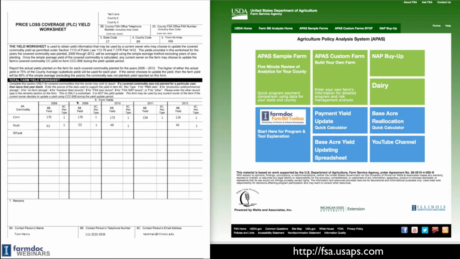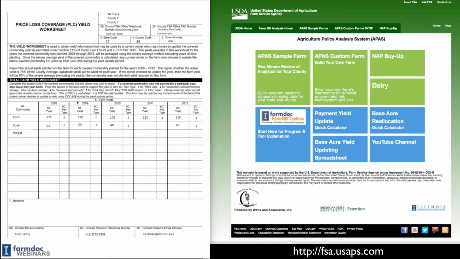You're now seeing an example of the form that you could take into FSA for each one of your FSA farms. Here in this example, we have corn, 2008 yield 175, and they are asking for the record type next to it, and we put a 1 here, which is RMA records or crop insurance records. What FSA is accepting and most people will use is crop insurance records, we suspect.